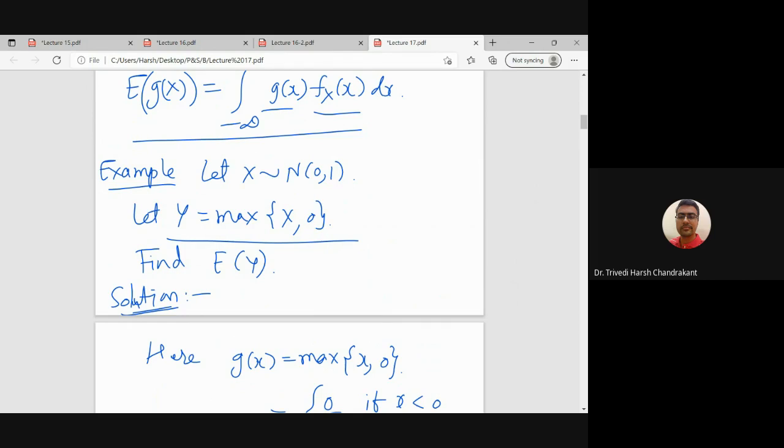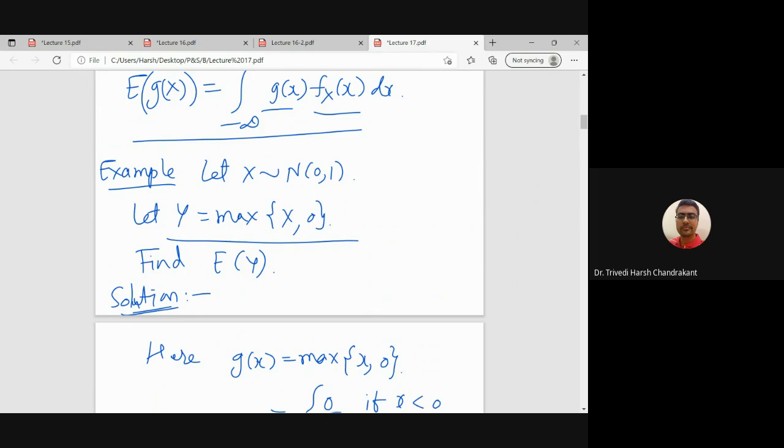That means 0 is also a random variable, a constant function 0 at every outcome. So we are given a random variable, and using this example we are finding a new random variable. Given X, we get Y, which is a random variable. So this is g(x).